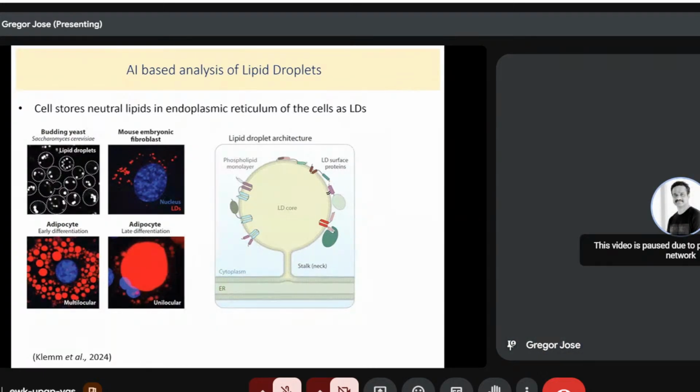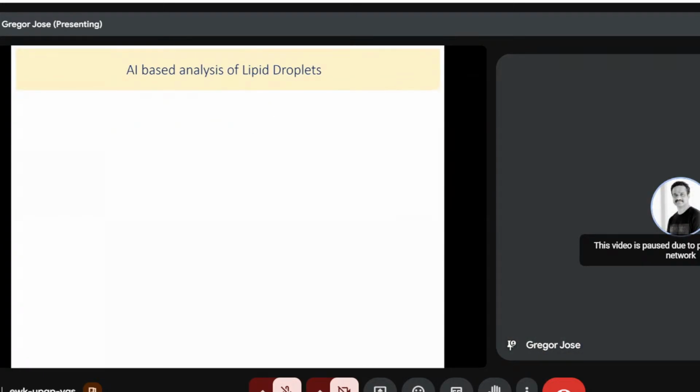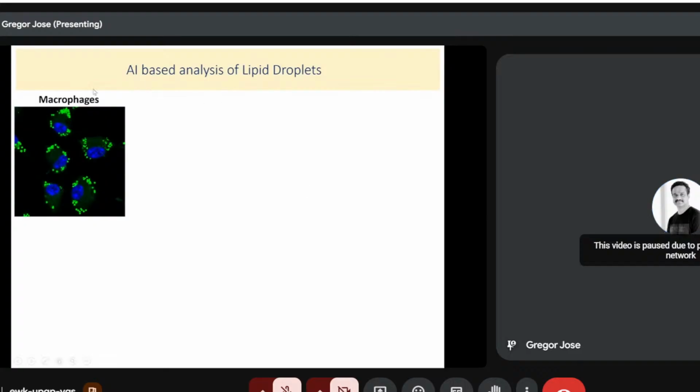So why is it important for me? The work I'm doing here in France, we are working on macrophages. These macrophages are the protective cells which go through our body and look for any pathogens. If it sees a pathogen, it just catches the pathogen and eats it and digests it.